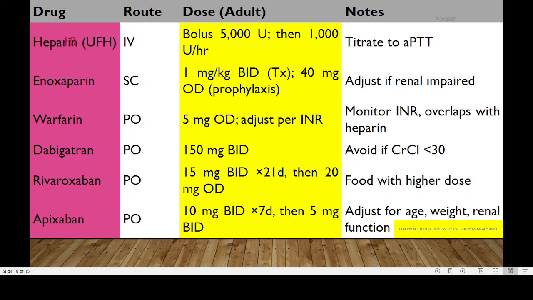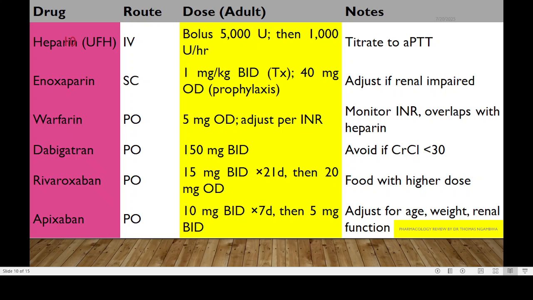So these anticoagulants, we can have them in summary form, where we have talked of unfractionated heparin for the unstable patient. We give them an IV bolus of 5,000 units, then 1,000 units hourly, and we titrate it to APTT.